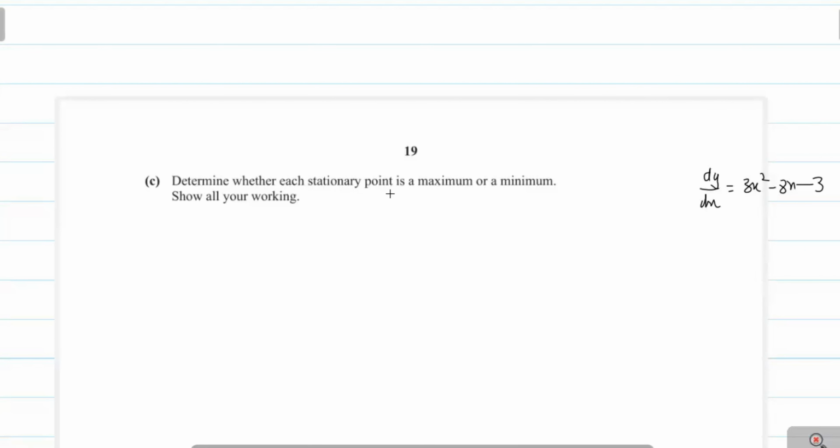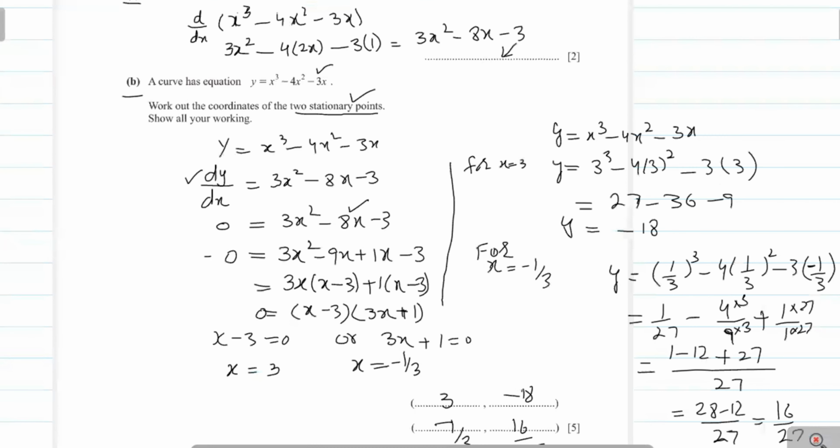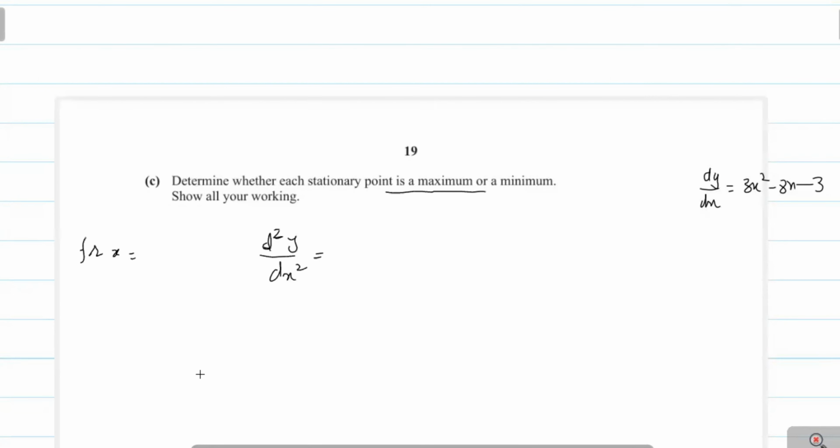Determine whether each stationary point is maximum or minimum. To find the maximum or minimum points, we take the second derivative d square y over dx square for x equal to 3 and x equal to minus 1 over 3. We take x equal to 3.